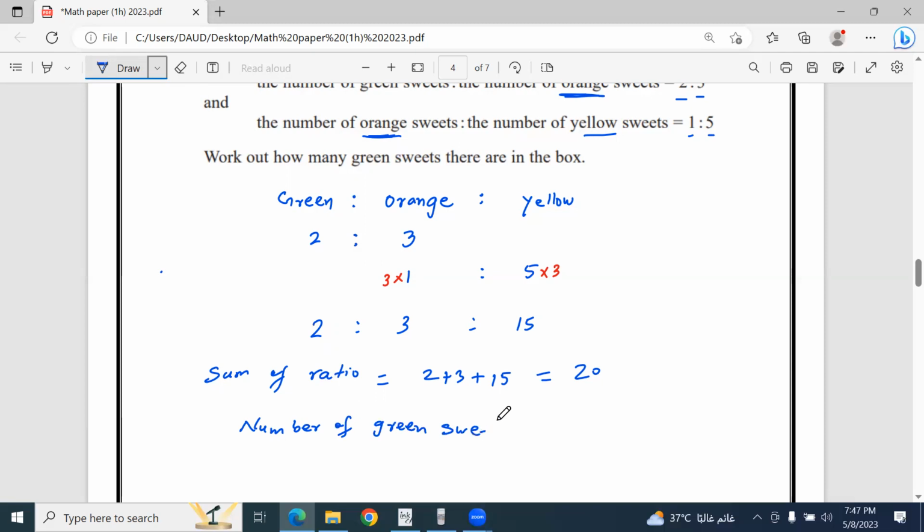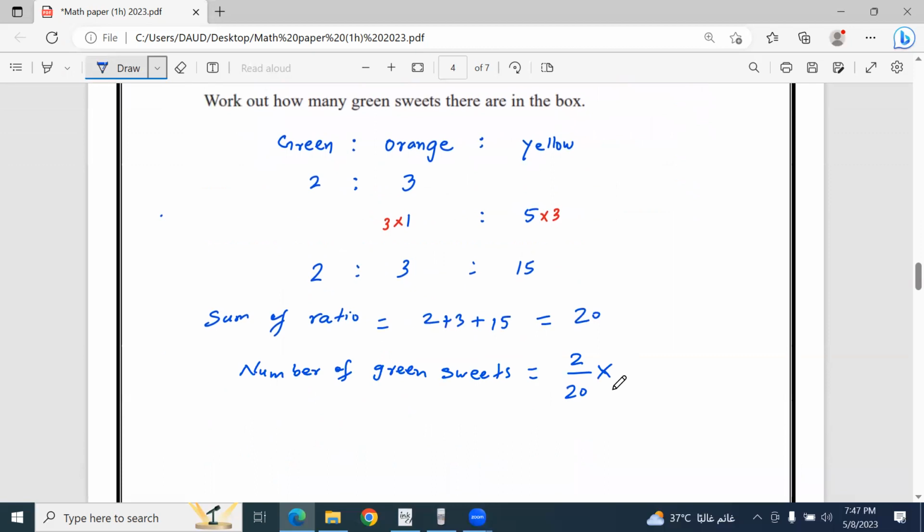We know the ratio for green sweets is 2 divided by the total sum of the ratio, multiplied by the total number of sweets, which is, check carefully, 280. Try to simplify: we can cancel a 0, and then 2 and 2, so the final answer is 28. The number of green sweets is 28.